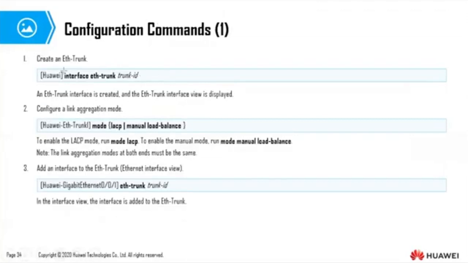So how to create an Ethernet trunk? Easy. On system view, you use the command interface, then Eth-Trunk, then the trunk ID. For example, you are on S1, you use the command int Eth-Trunk or just Eth, then the ID, for example 1, like that.